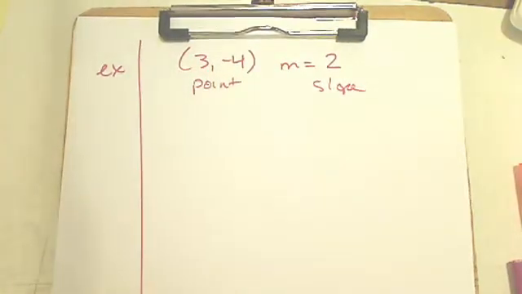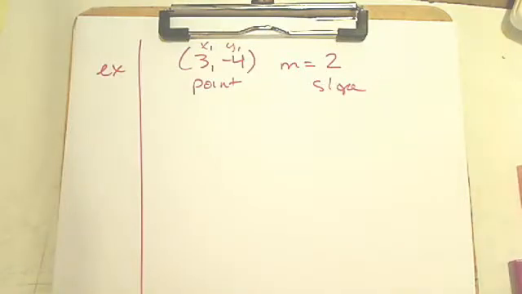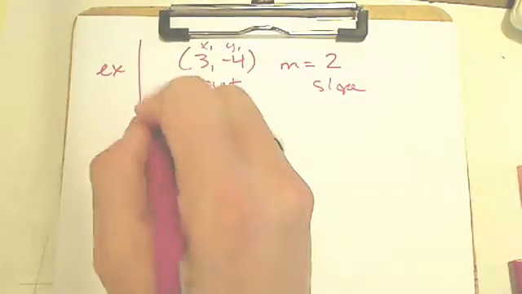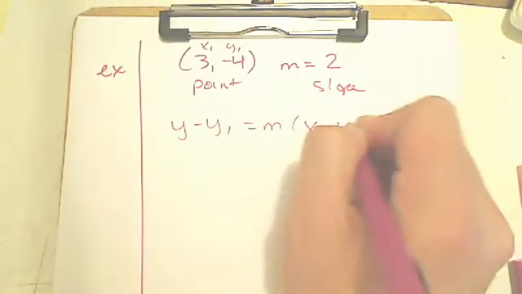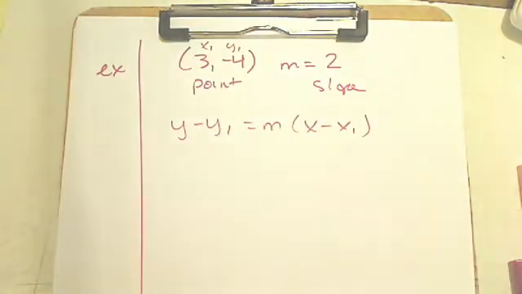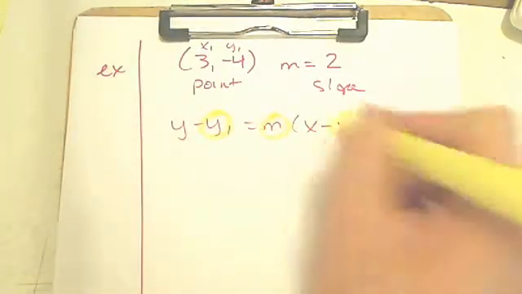You need to find the equation. In this problem, this is your x1, y1. So I use my equation: y minus y1 equals m times x minus x1. Refer to the notes I typed out for you if you need to. I'm substituting in the numbers here, here, and here.